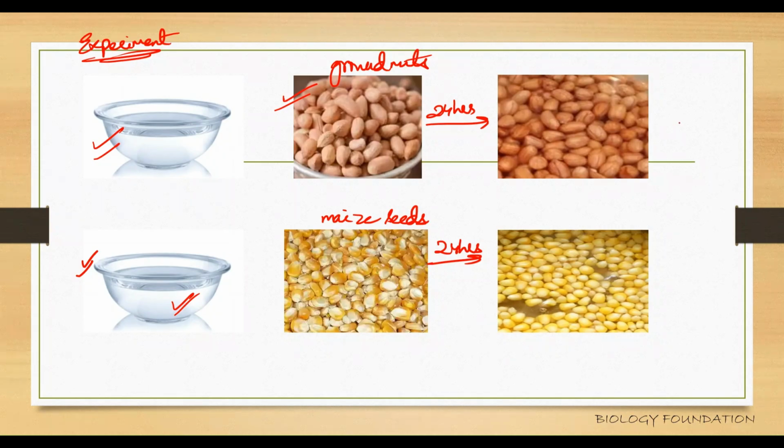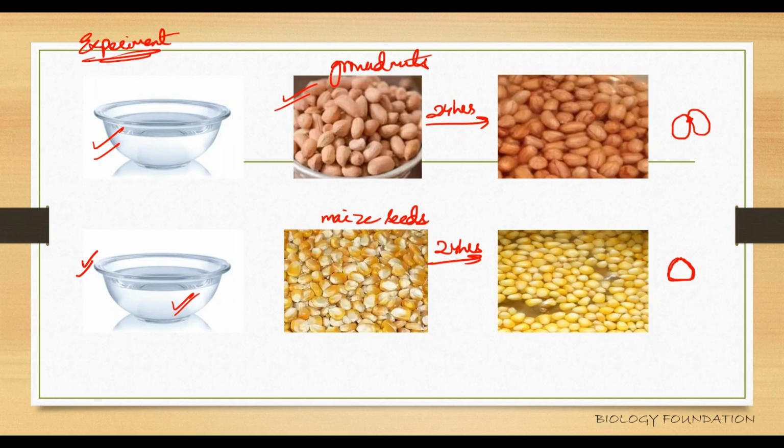Easily, you can remove the peel and you can see a structure like this, whereas in maize, you can see something like this. You remove the seed coat or the peel because you soaked it in water. The outer peel will be very soft and easily removed.